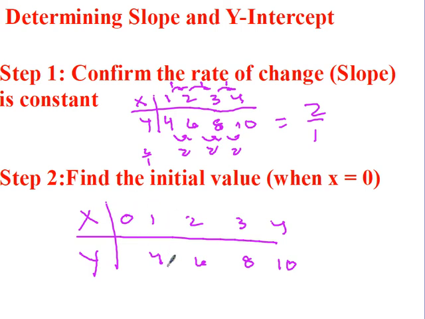Because my rate of change was up 2, up 1, if I go backwards and go down 1, then I'm going to go down 2. So my y-intercept for this particular table would be when x is 0, my y is 2. So my y-intercept is 2.